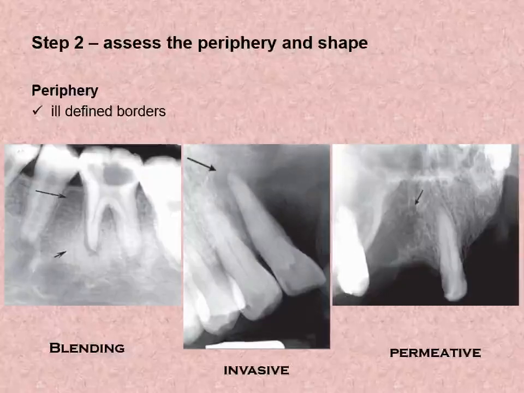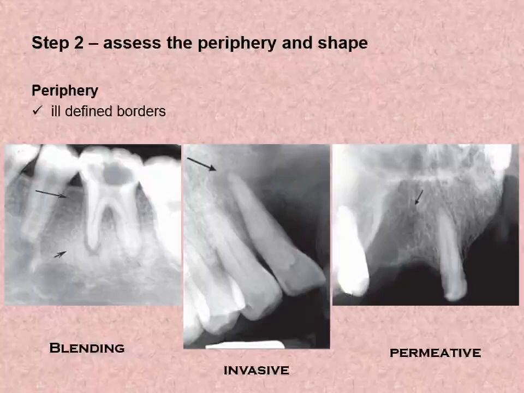Then the second ill-defined border is an invasive border. Invasive borders are commonly seen with malignant lesions or lesions which are very destructive. Usually we see an area of radiolucency above the border, as seen with a black arrow, where the border is not clearly defined.